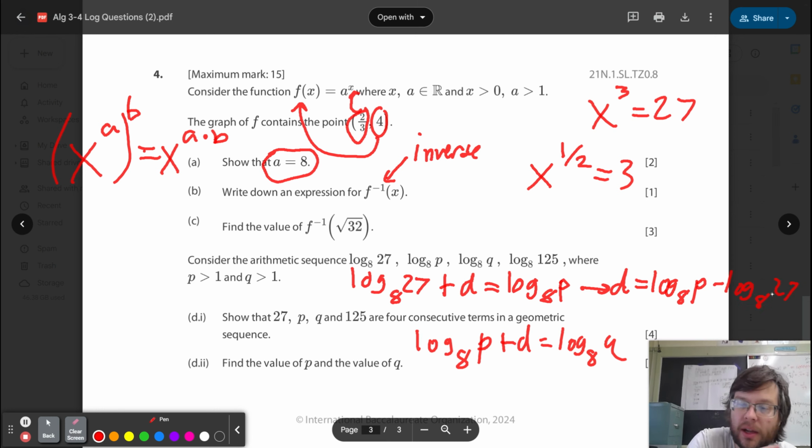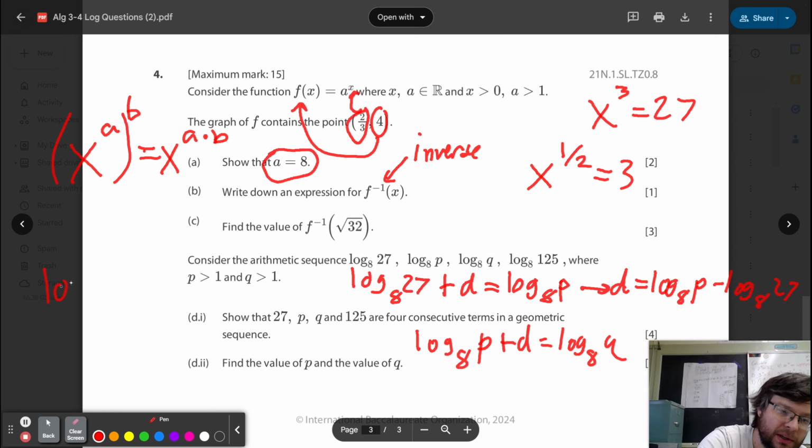And think about how you can use a log property. You know that if there's subtraction between logarithms, you can rewrite that as a single logarithm. Okay, and that's going to be a very crucial fact, that you can take two logarithms, subtract them, and make it into a single logarithm.